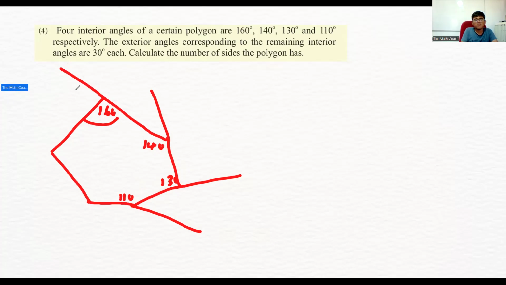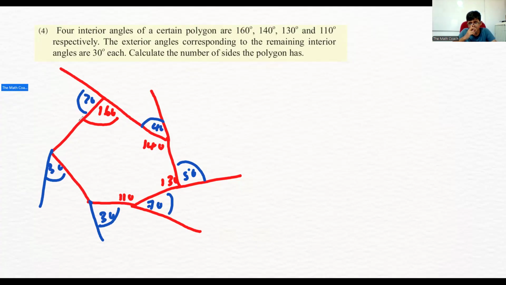If we do 180 minus 160, we have 20 degrees here. We have 40 degrees here, 50 degrees here, and 70 degrees here. Each is 180 minus the interior angle. The rest of them are 30 degrees each, but we don't know how many.